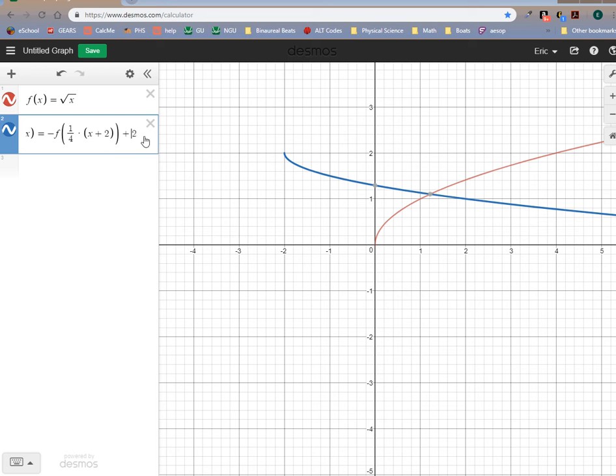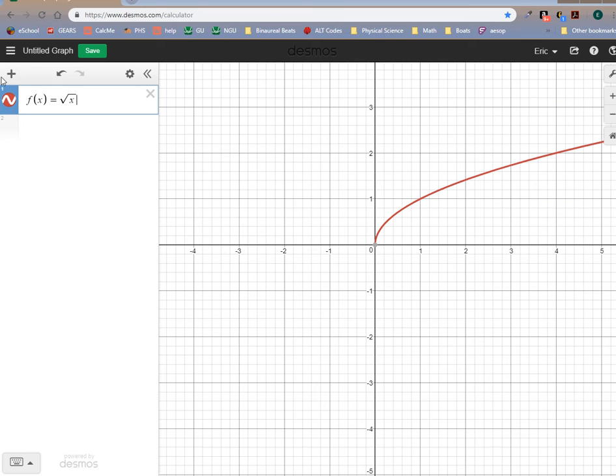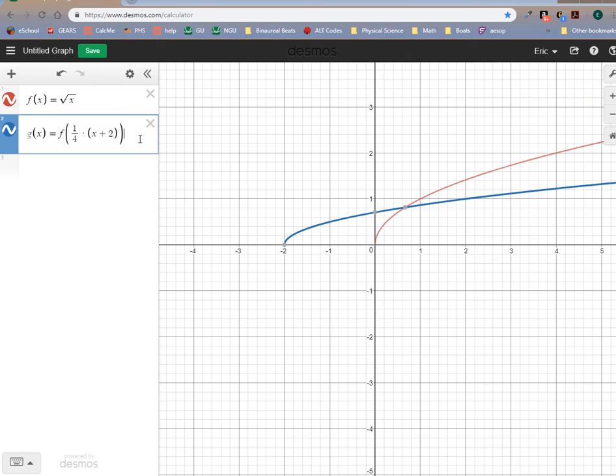Now, what if I want to do that a little differently? What if I want to do my reflection afterwards. So I want to do this in this order. Oh darn it, let's go back. So let's say I want to horizontally stretch it, which I did.